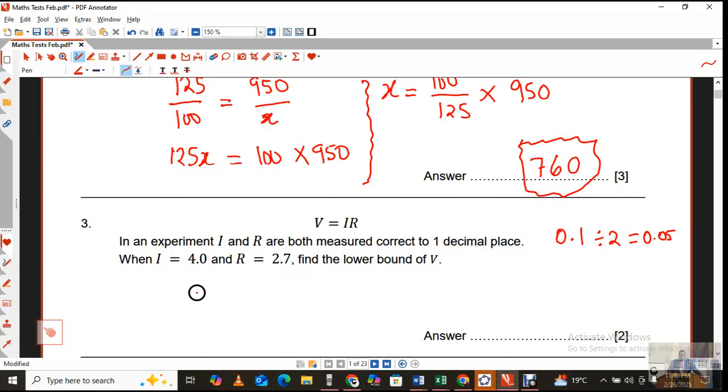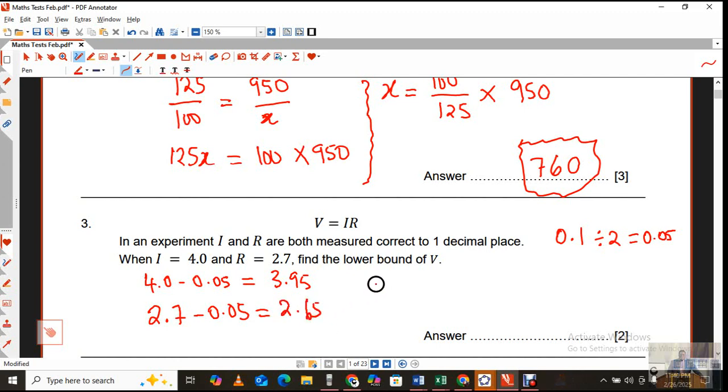If you do the subtraction, 4.0 minus 0.05 of course gives you 3.95. And because it's multiplication, when you are looking for the lower bound, you simply multiply the lower bounds together. So 2.7 take away 0.05 is going to give you 2.65.